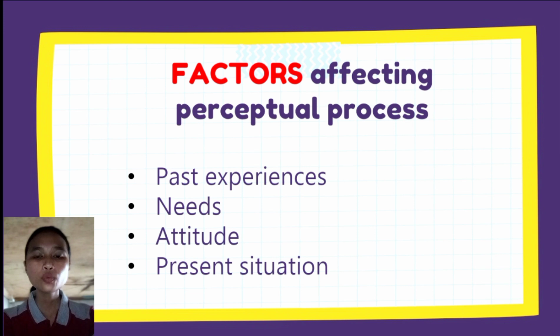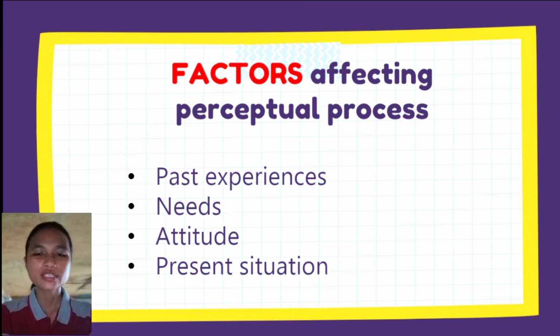In the perceptual process, there are some factors to be considered, such as our past experience, our needs, our attitude, and also our present situation, which can affect our perception. For example, we attend a teacher's lecture in mathematics, and while we attend, we find it boring.